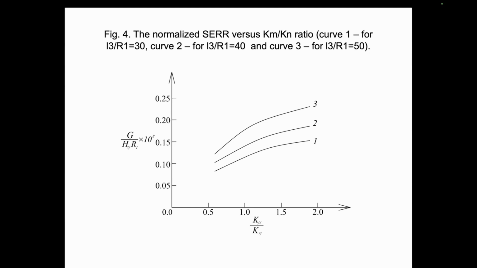The normalized strain energy release rate K mu to K eta curves are nonlinear for each of the considered L3 to R1 ratios, as shown in figure number 4. Besides, the rise of L3 to R1 ratio causes significant growth of the normalized strain energy release rate.